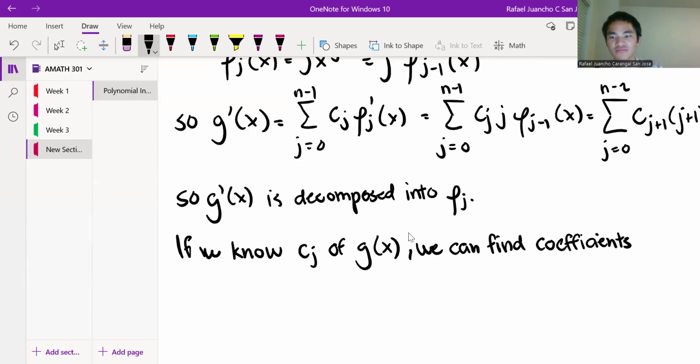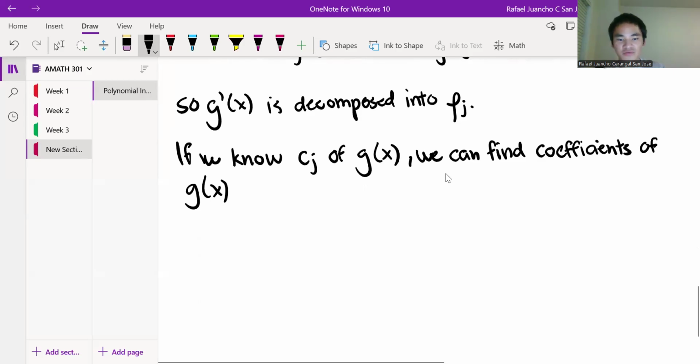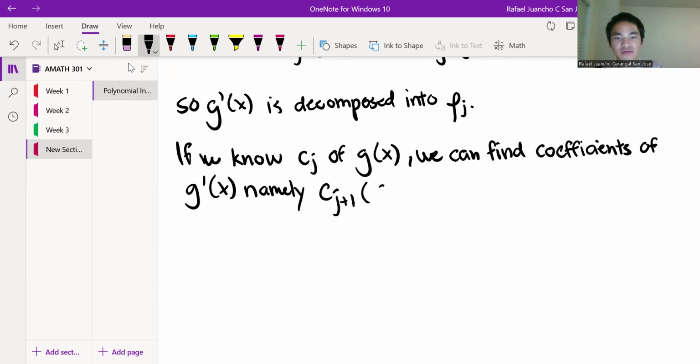Well, that's just going to be c sub j plus 1 times j plus 1, right? And from there, we can easily compute the coefficients of g prime of x through a matrix vector product.